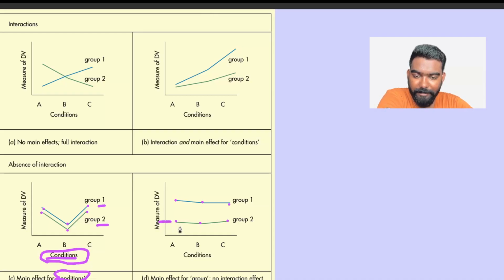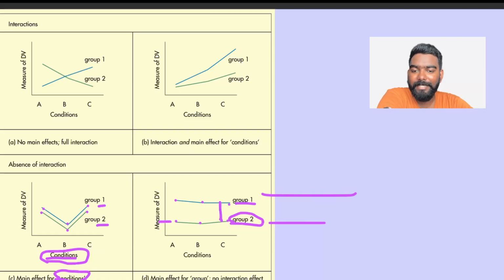There is not much difference between condition A, condition B and condition C within group 2. Similarly, there is not much difference between condition A, B and C within group 1. These are almost horizontal lines. But there is a huge difference between group 1 and group 2, which means the main effect here is happening because of the group. Then what is interaction? Interaction is something we discussed earlier.